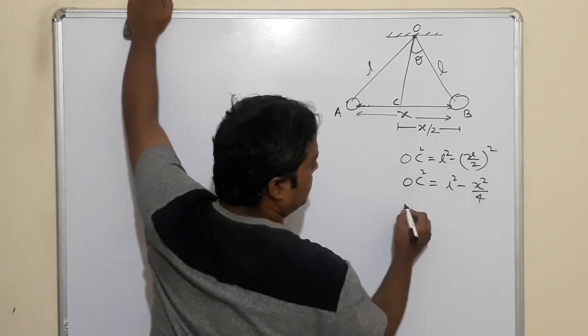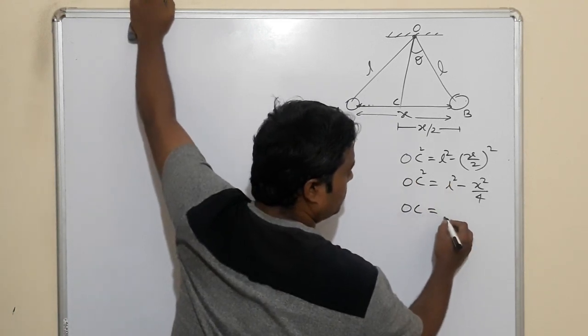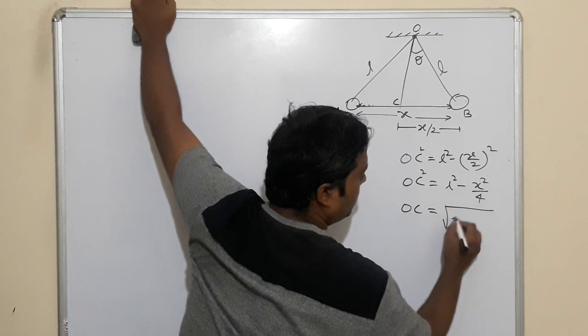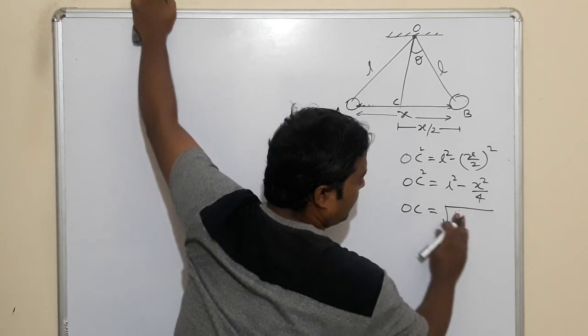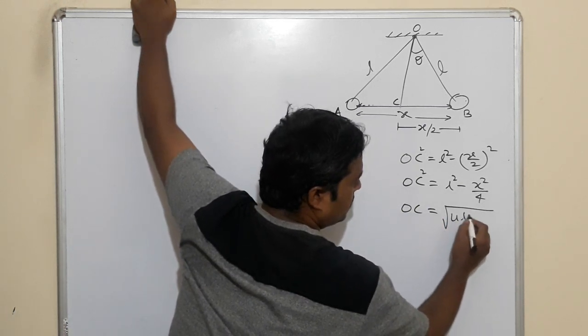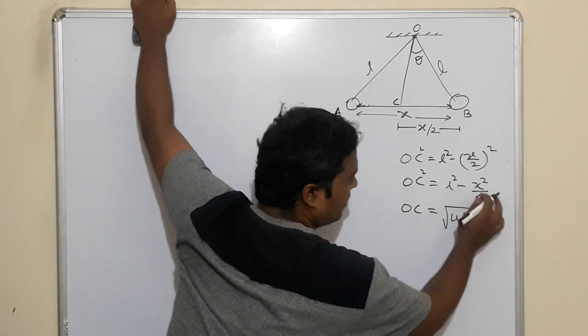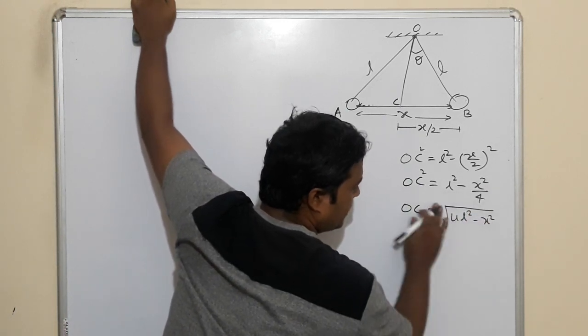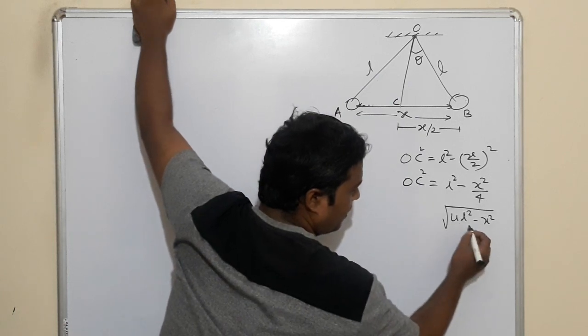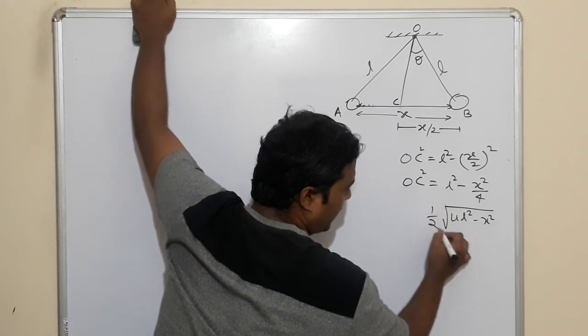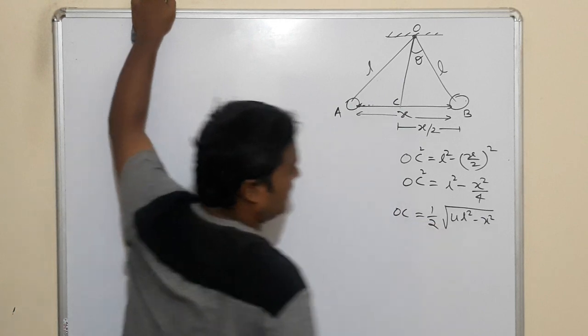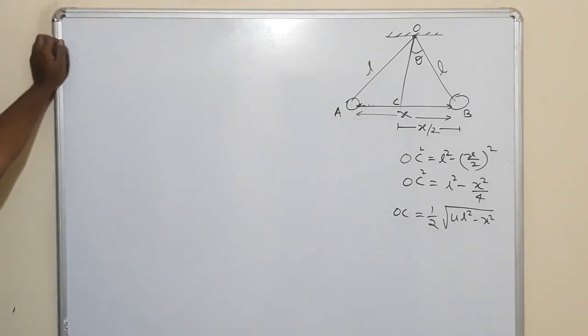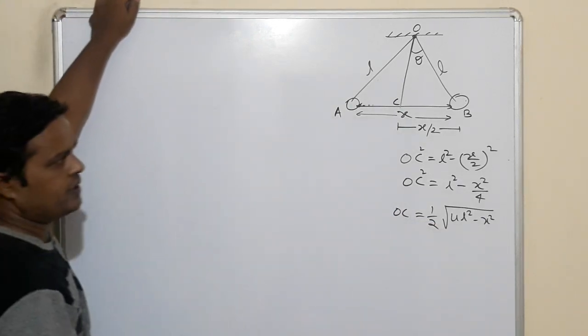Then OC will be equal to root of 4L square minus x square, divided by 4. Root of 4 will be 2, so 1 by 2. We will write this like this, OC. Make a note of this.